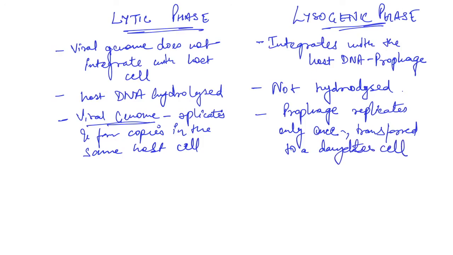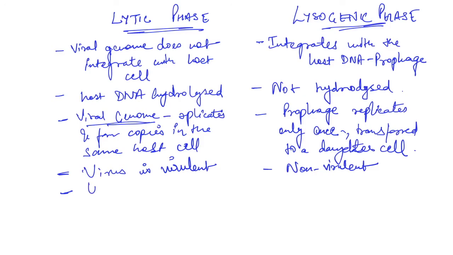Okay, then the fourth difference is that the virus is virulent in the lytic cycle, and in the lysogenic cycle it is non-virulent. Then the host cell in the lytic cycle undergoes lysis, so it bursts and the virus comes out, right?